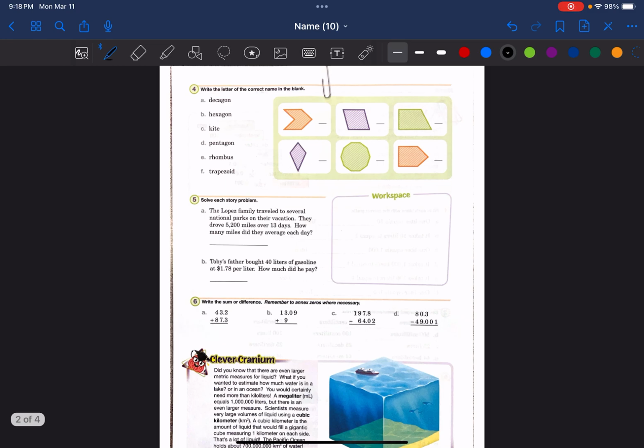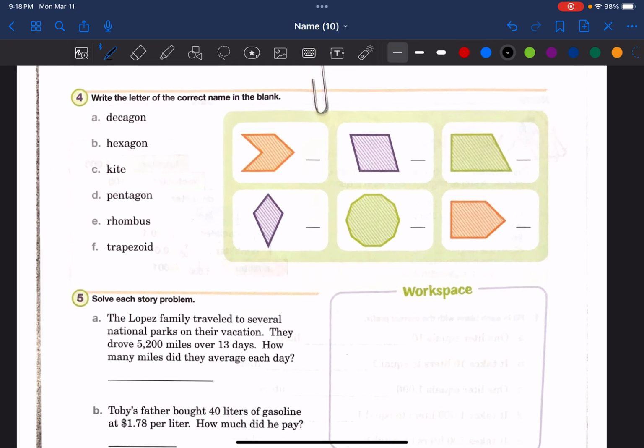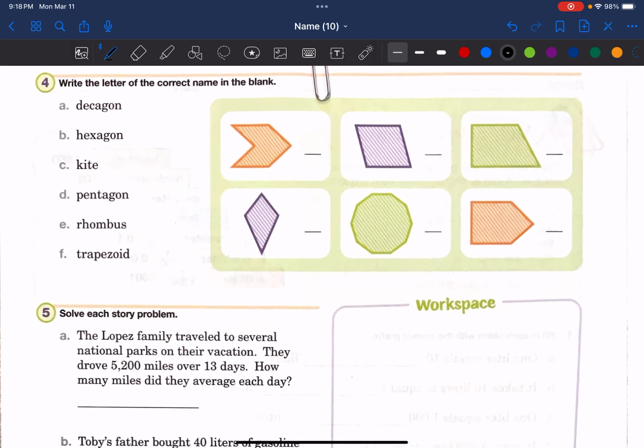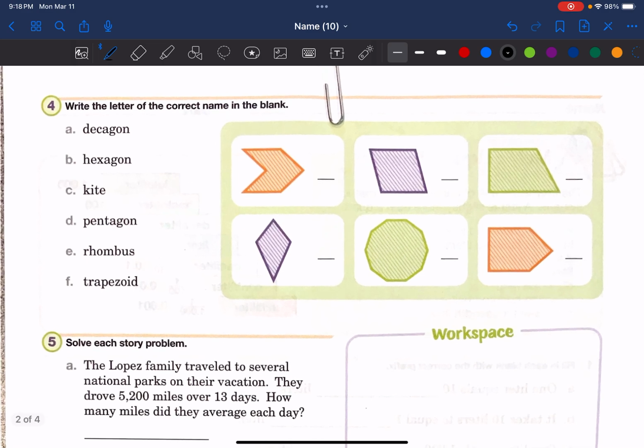All right, on the back side, this is one of them I wanted you to remember and review. We haven't talked about shapes for a while. Write the letter of the correct name in the blank. Okay? Decagon. Deca. We just had deca on our other side. Deca means how much?